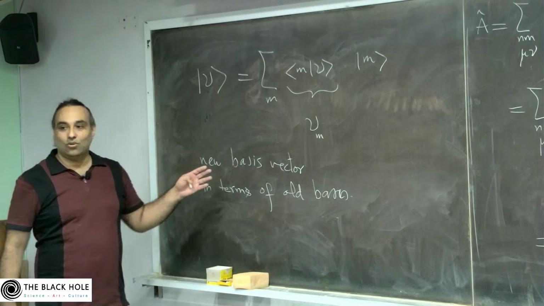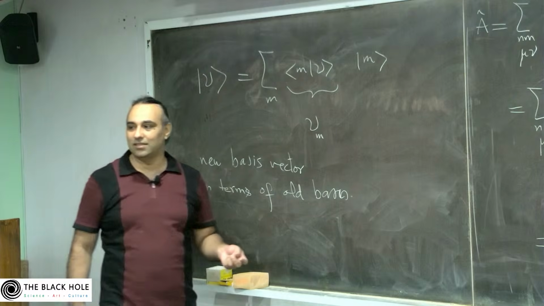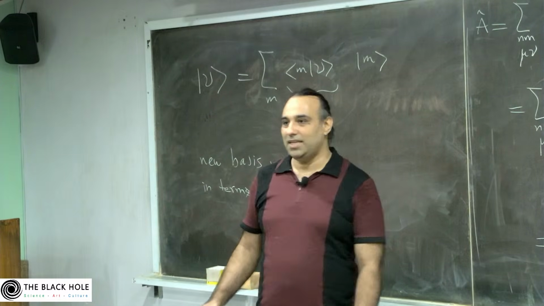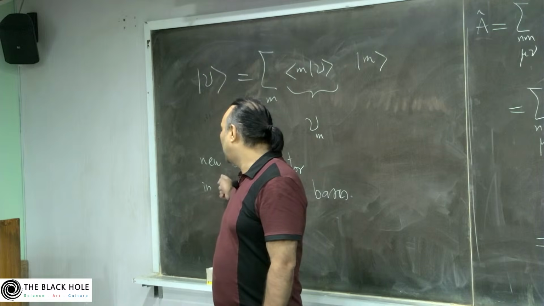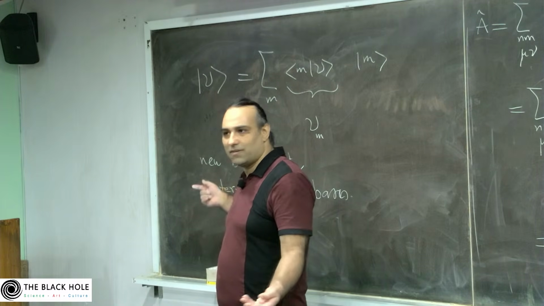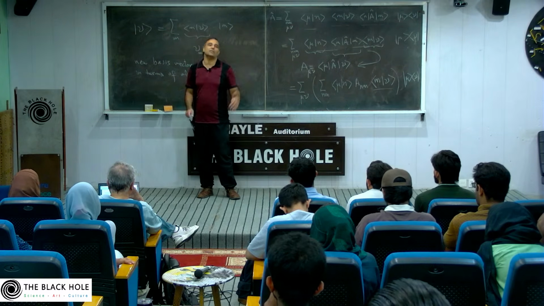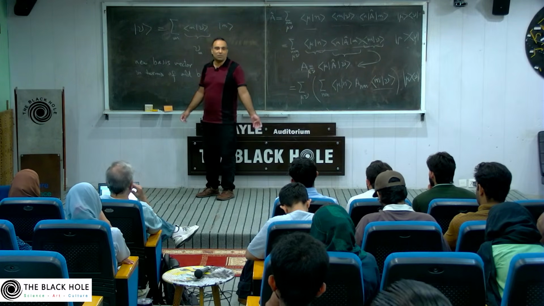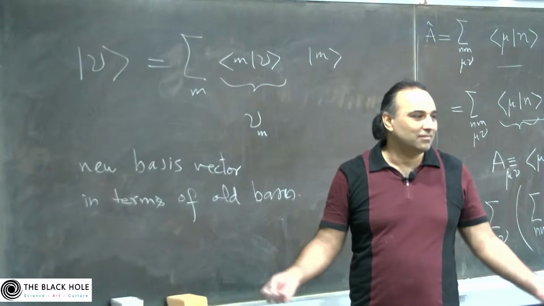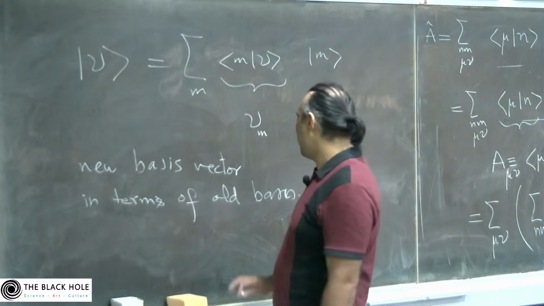Okay, so the information we need to transform the basis is this one. So we have to know the new basis in terms of the old basis. If we know this, then we can transform the basis for any operator. Otherwise, we don't know how the bases are related, so we can't do that.